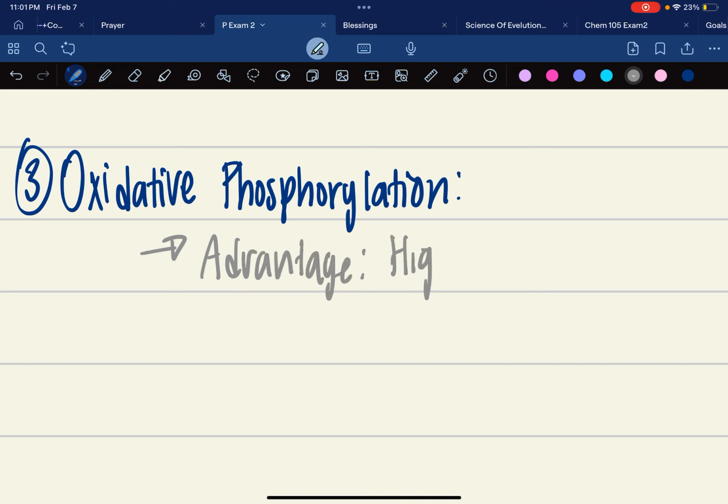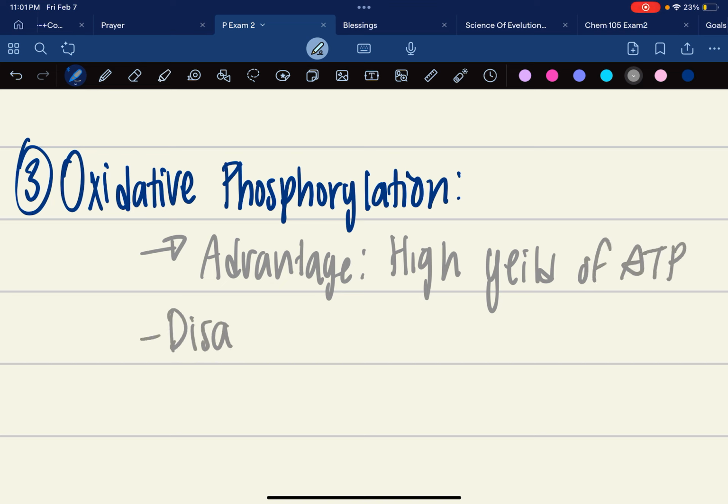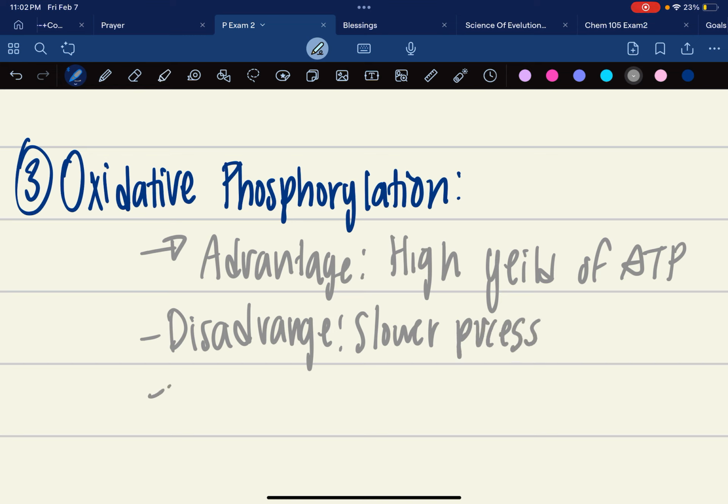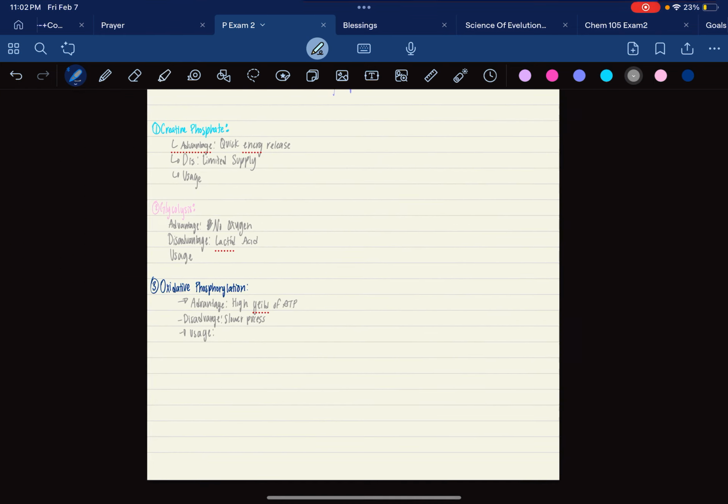It's a high yield of ATP, and then the disadvantage, it's just a slower process. And usage, it's during prolonged low intensity activities.